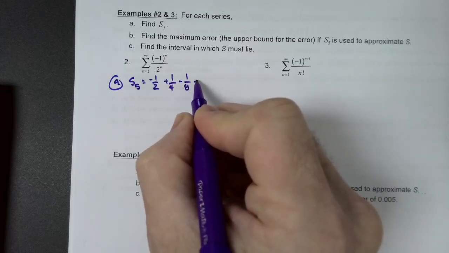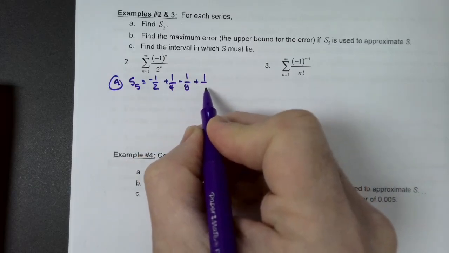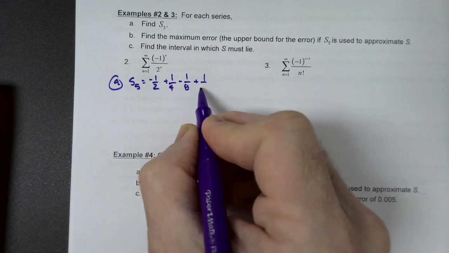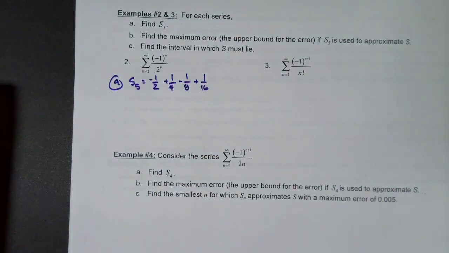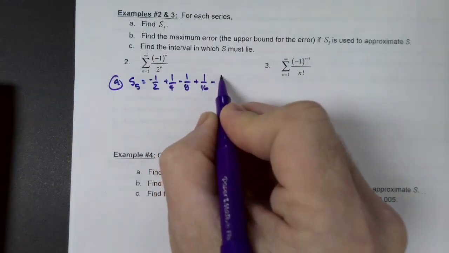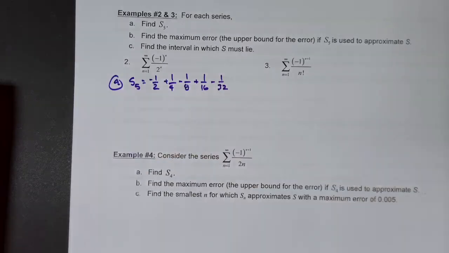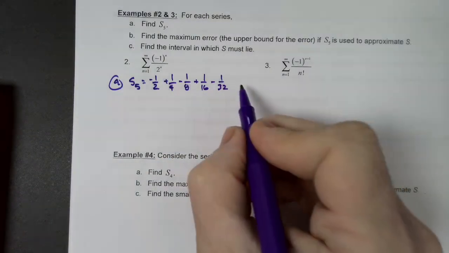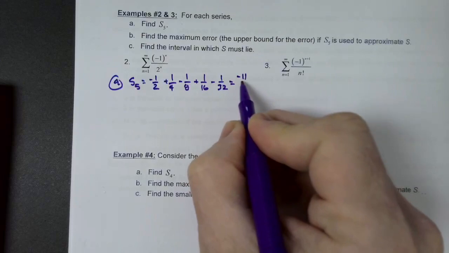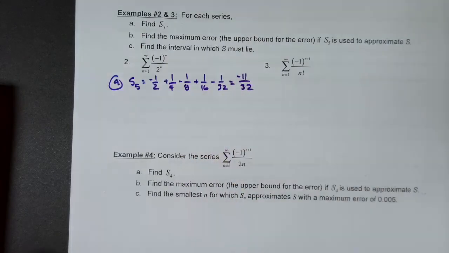We'll keep going from positive 1 to negative 1, and then our denominator is going to go up to 16, and then subtract 1/32. Those of you who know how to use your fractions would get a negative 11/32 on this. That is the 5th partial sum of this.